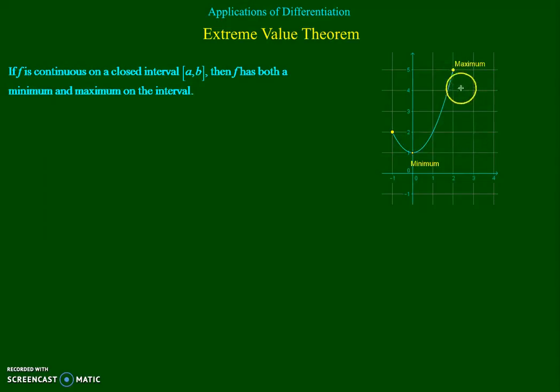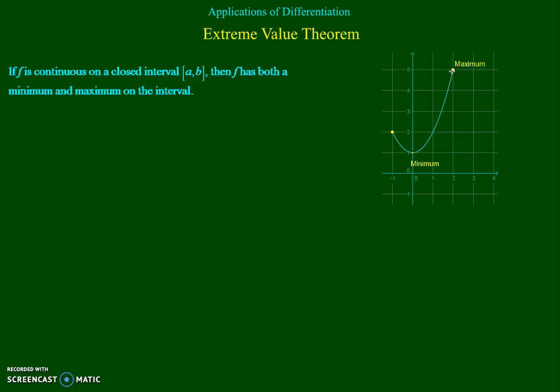Let's say, on the other hand, that this point is not defined in the function. This would then be an open interval from -1 to 2, non-inclusive. In that case, there would be no maximum of this function, because no matter which point you picked, there's always going to be one more point a little closer to 2 that is greater than the one before, and by the definition of an extreme value, you could never reach the maximum value.